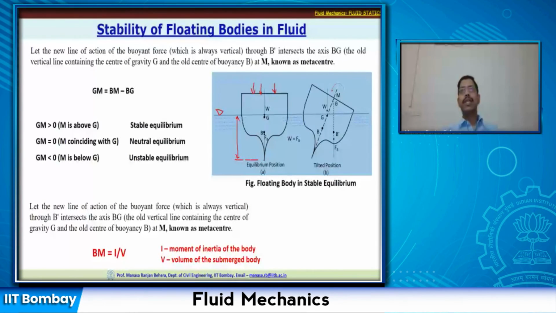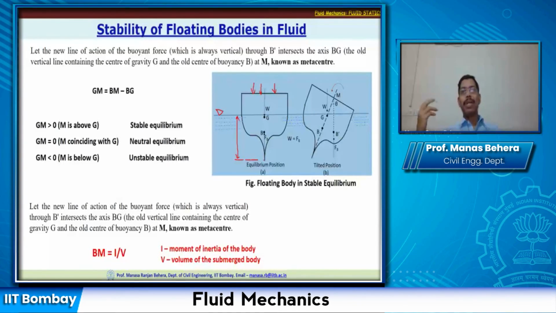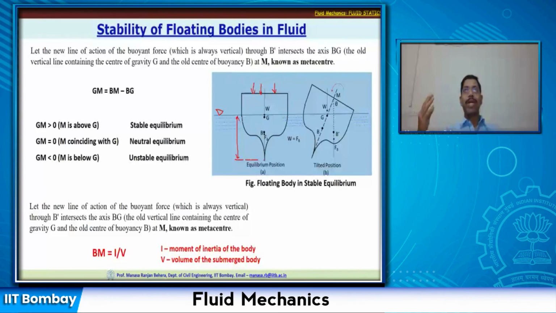In this case, the weight of this vessel is acting at this point G, that is W, and B is acting at this point, that is the center of buoyancy. As we have already seen, it's not necessary that G is always below B. It can be a situation where the center of gravity is above the center of buoyancy.